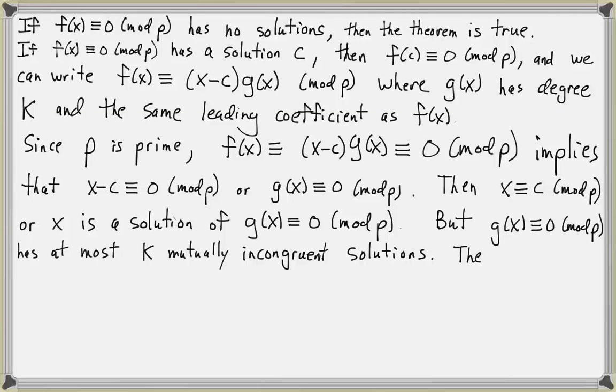Therefore, the congruence f of x congruent to 0 mod p has at most k plus 1 mutually incongruent solutions.